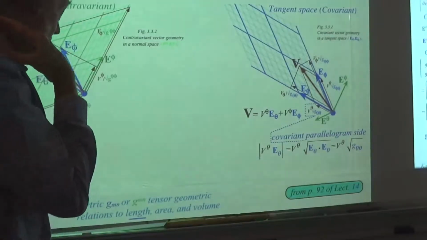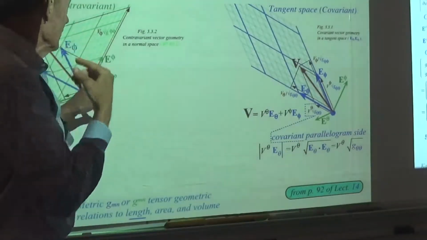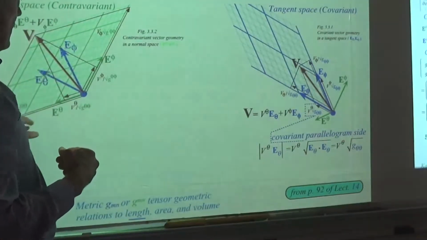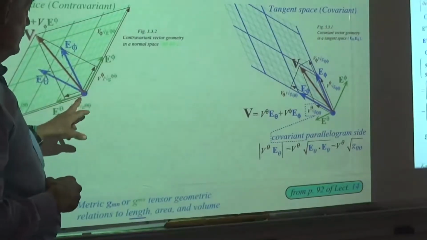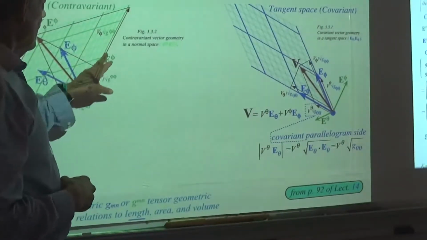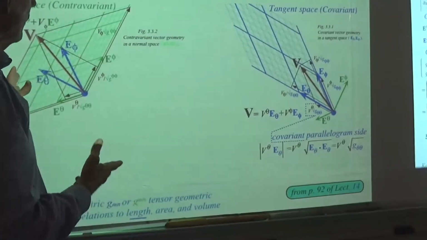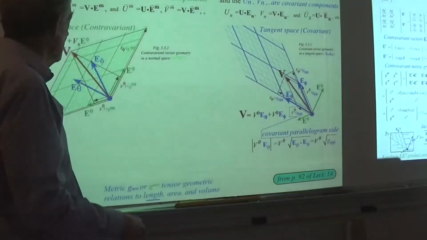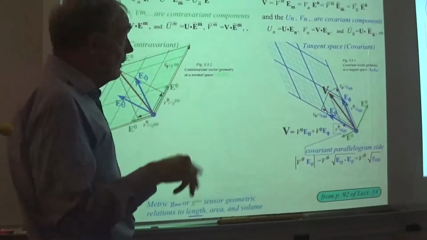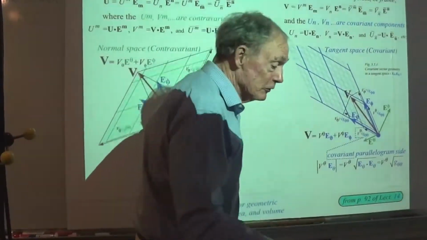But I can always imagine that I have a coordinate system that's based on the contravariant vectors. That is, this is what is called the normal space for mechanics and the kind of relativity that uses this geometry.